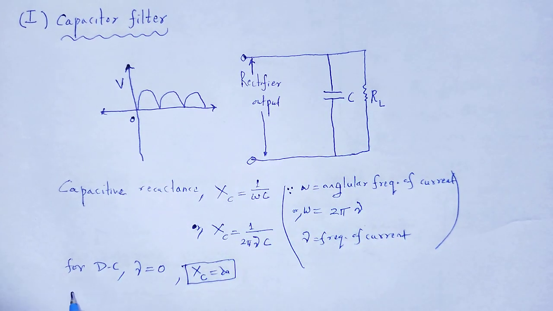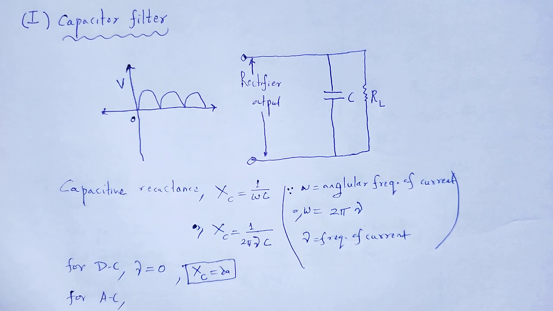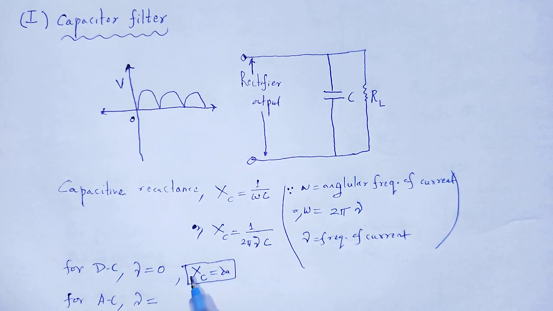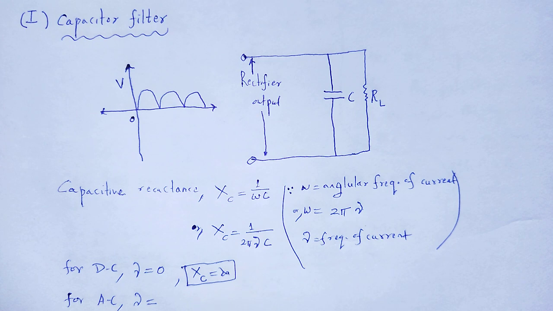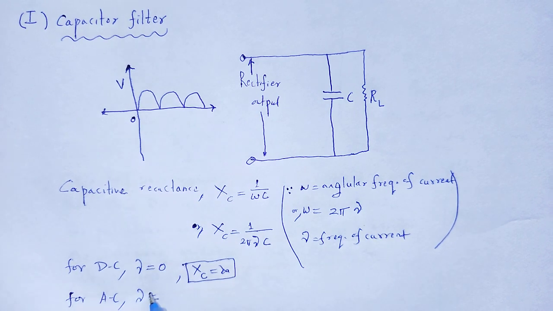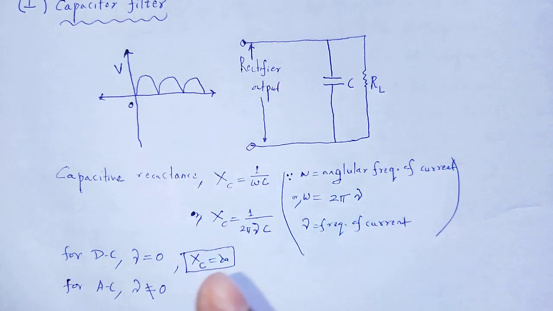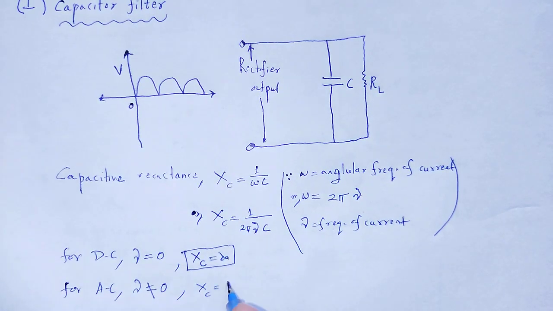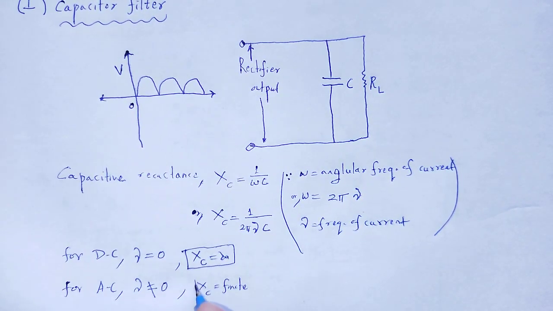Similarly for AC, nu has some finite value, nu is not 0, therefore Xc has some finite value.